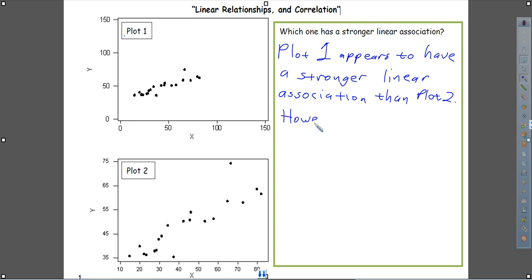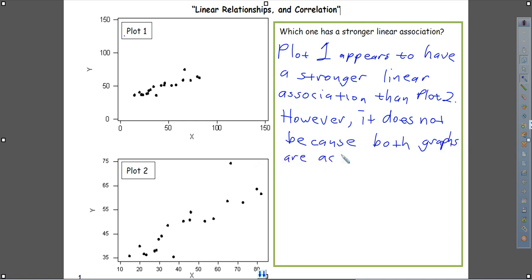However, it does not because both graphs are actually the same.